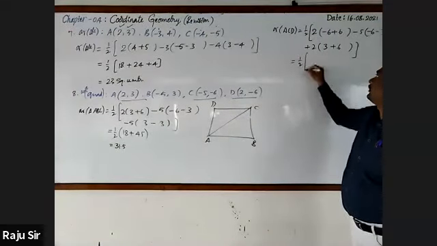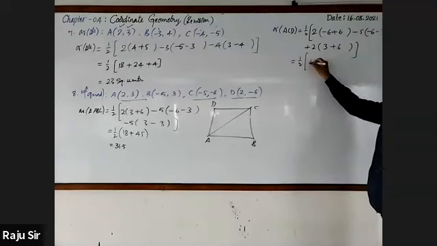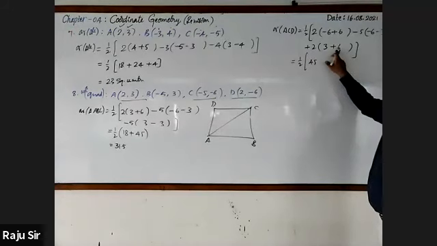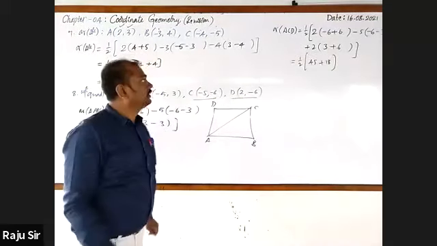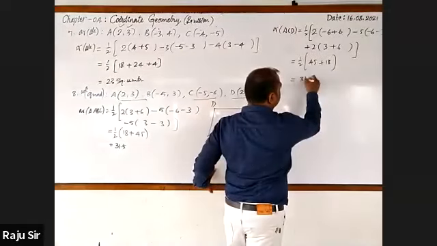It's equal to half into here 0. Then it is 45. Again 31.5.